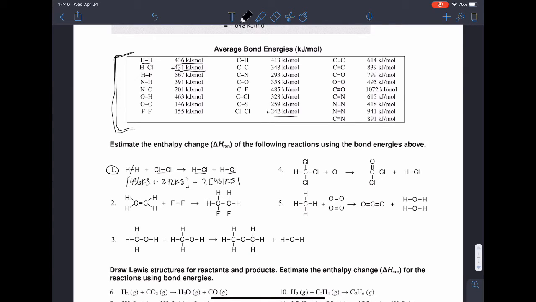And then from there, I will get my final answer. I don't have my calculator handy, but I'll let you decide what the result is. And remember, if it's positive, it will be endothermic for the process, and if it's negative, it will be exothermic.